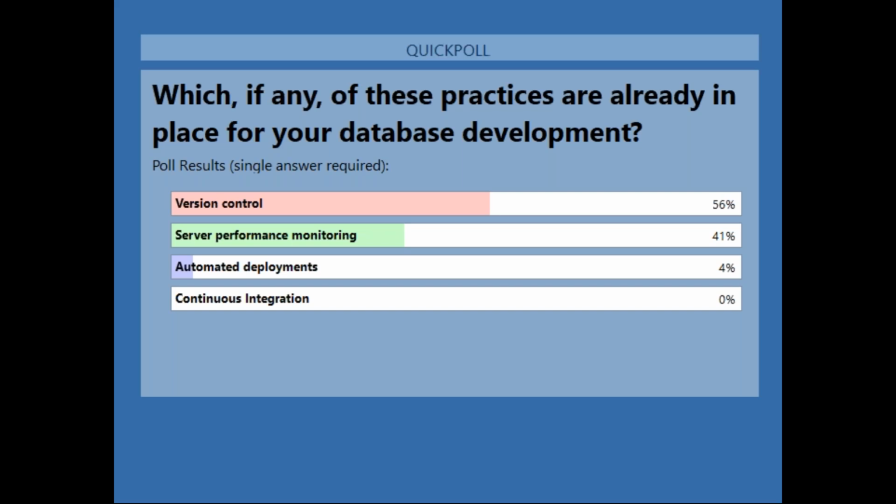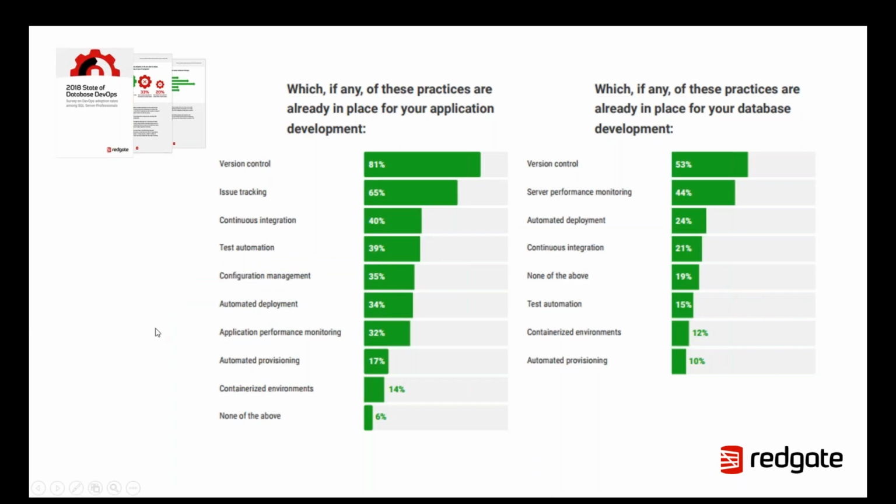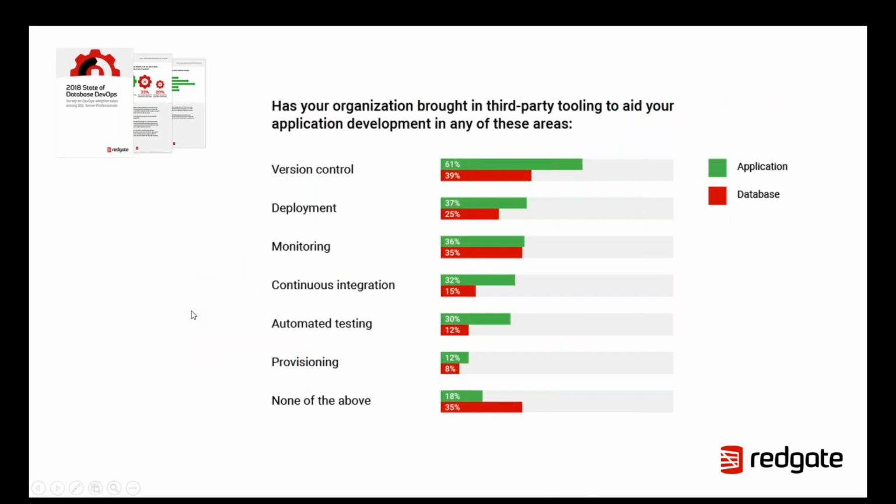So let's go ahead and hide this and continue with a couple more slides here. The same really applies to third-party tooling. Here you can see there is significantly more third-party tooling in place for the application and significantly fewer resources and tooling for those working on the databases.